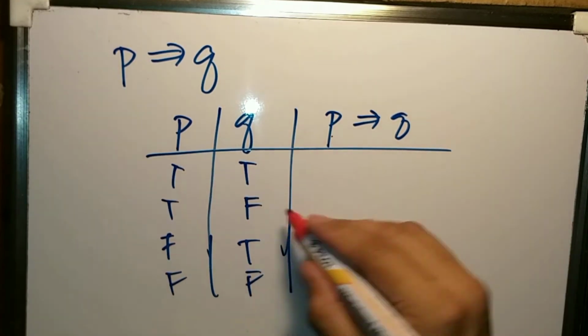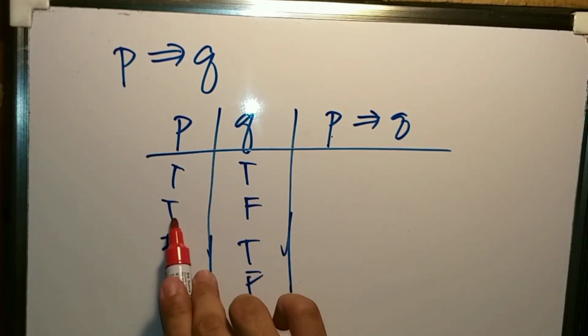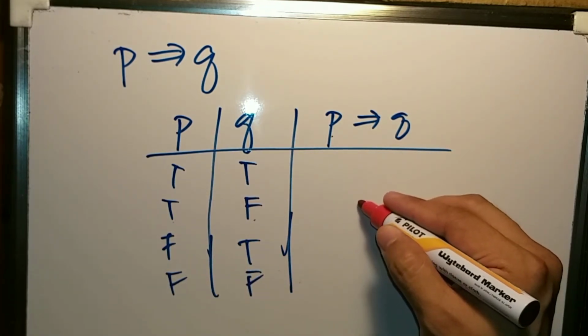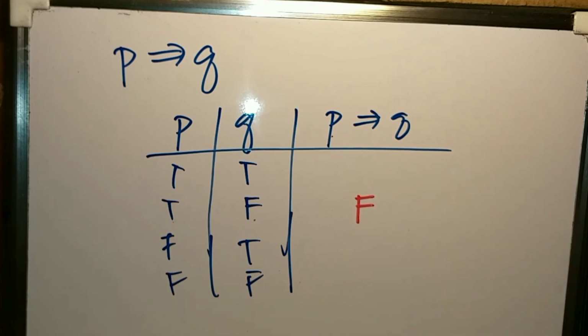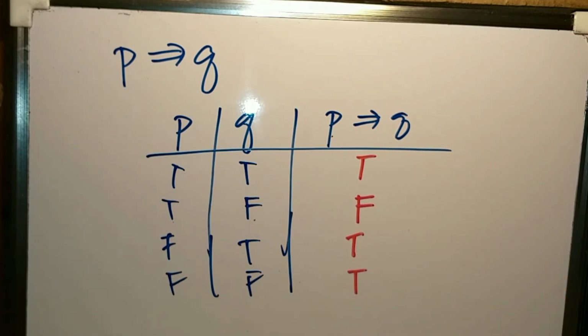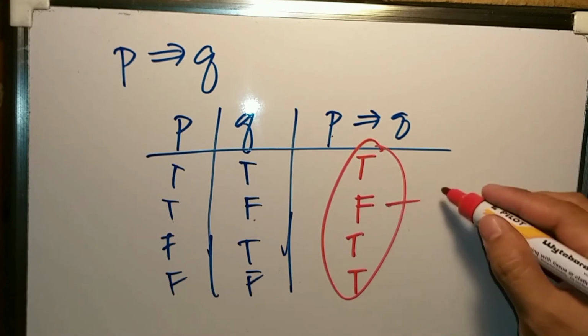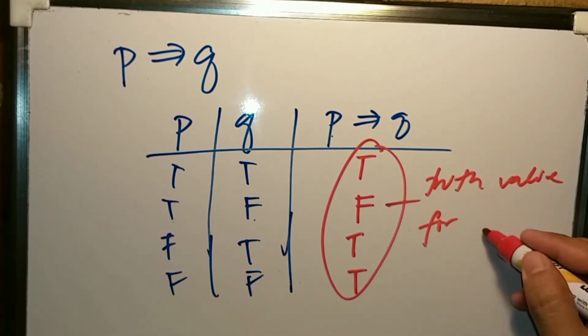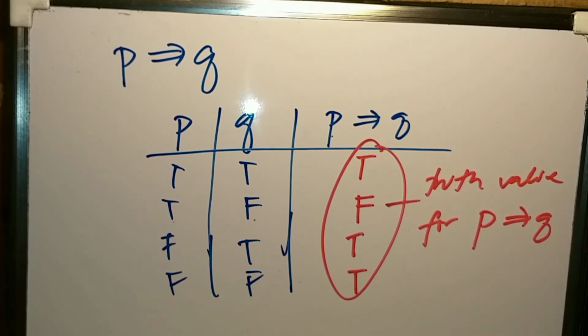So we will write here, P is true, Q is false. So the truth value for this row would be false. And then otherwise, we have a true statement. So this is the truth value for P implies Q.